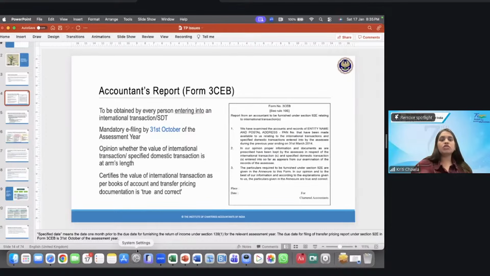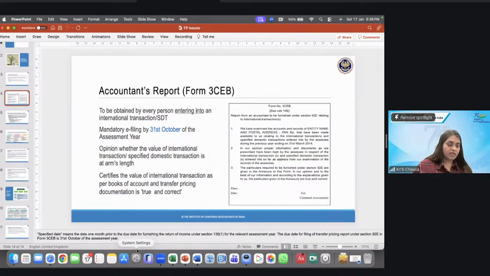Now, when it comes to the accountant's report or Form 3CEB, there are three parts to it. There is Part A. Part A will say just general information about the taxpayer. It will say the name of the taxpayer, which financial year, etc. What is the aggregate value of international transactions that they have undertaken.